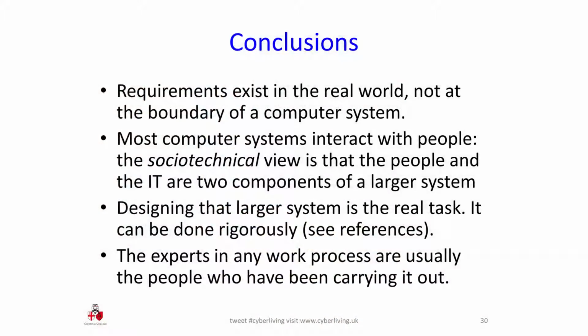You can design business processes rigorously. The management consultants talk about business process re-engineering, but that was just a Harvard Business School phrase by somebody who was a Harvard professor but wasn't an engineer. And you can do engineering on business processes.